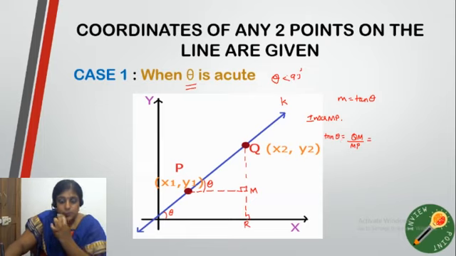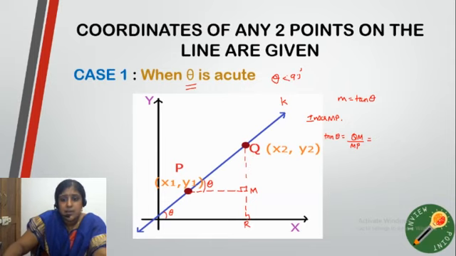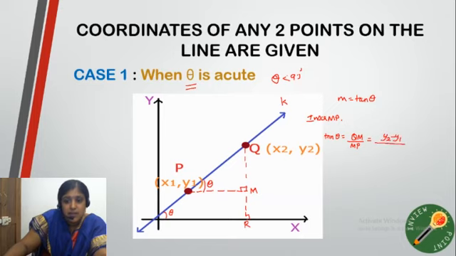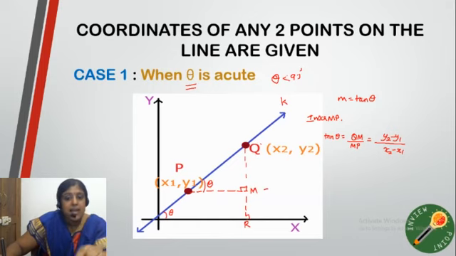QM is the value of Q, the coordinates are y2 minus y1, so QM is y2 minus y1 and MP is x2 minus x1. Is it clear? Since M is in the same line as point P, QM is equal to y2 minus y1 and MP is equal to x2 minus x1.